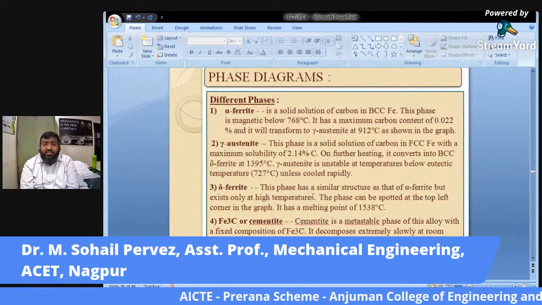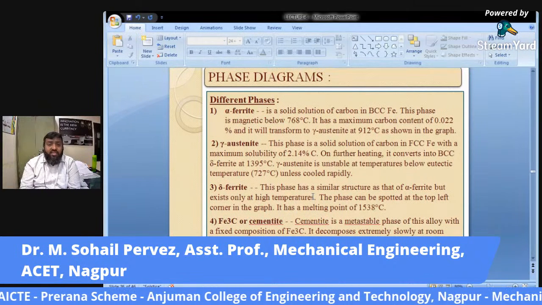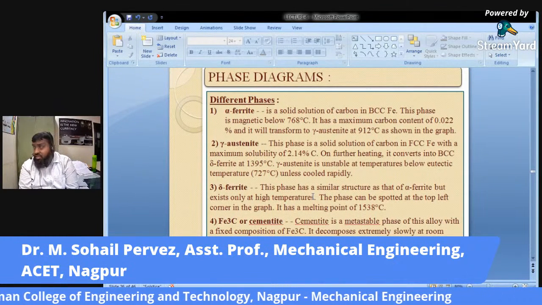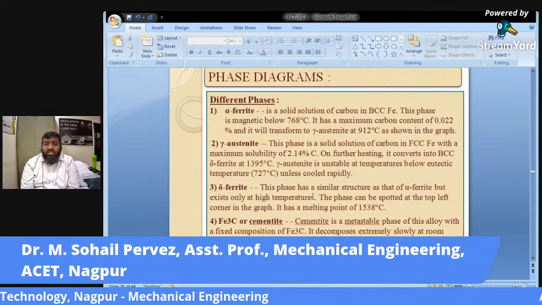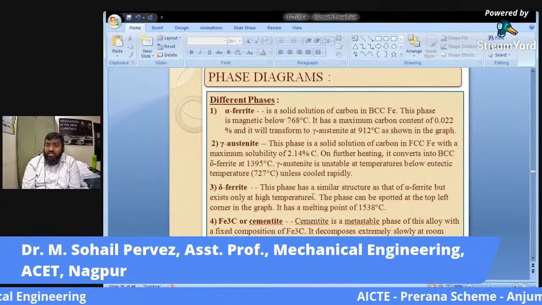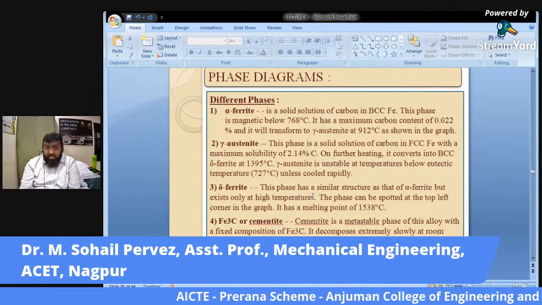Now, this I have written for your reference only, wherein we can say that alpha ferrite, austenite and delta ferrite, these three regions help us to understand the composition as well as the temperature at which these occur.